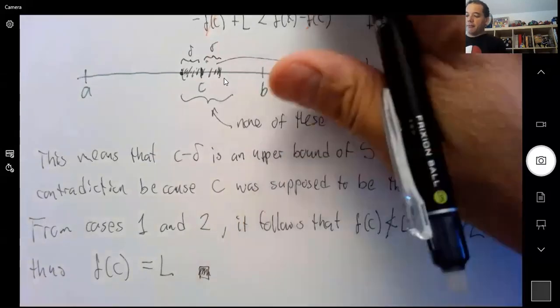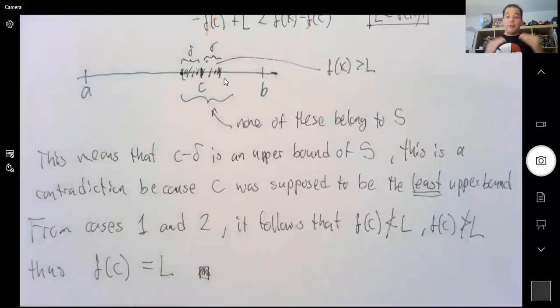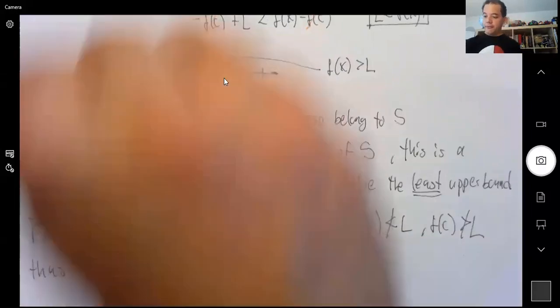We found the point such that when we apply the function, we get exactly the intermediate value that we wanted, the value L. Okay? Questions about this proof before we move on to the second proof?